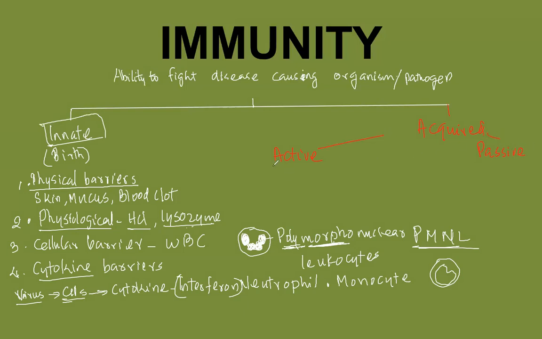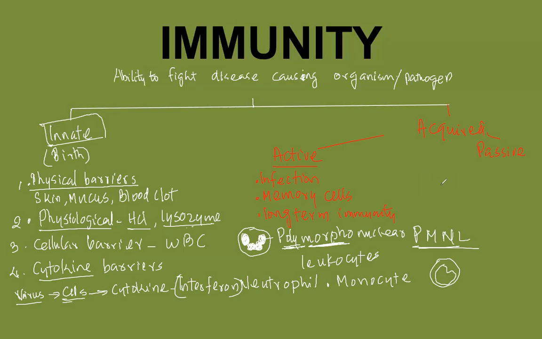What's the meaning of active? Suppose you are infected with chicken pox. You got an infection. When you get an infection, you produce memory cells in your body. Memory cells give you long-term immunity. Okay, what does it give you? Long-term immunity. So this is called active immunity.